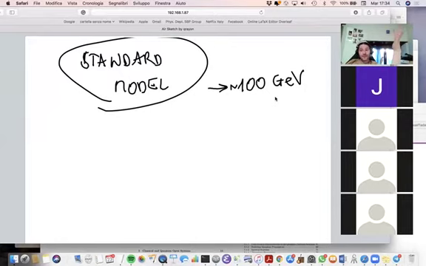Now, since experiment was only valid up, say, to the 100 GeV, who knows what happens at the tera-electron volt or thousands of tera-electron volt scales. And in the past, the experience was anytime we were going to a next level of accelerators and next levels of experiment, we discovered new particles, new phenomena, new forces, and maybe relationships between these forces.